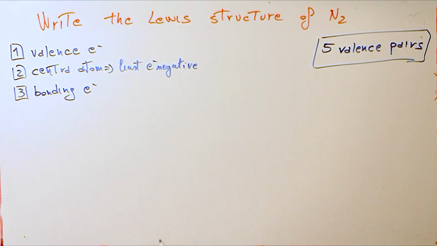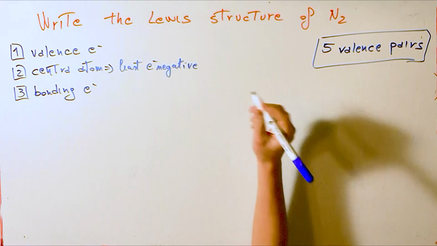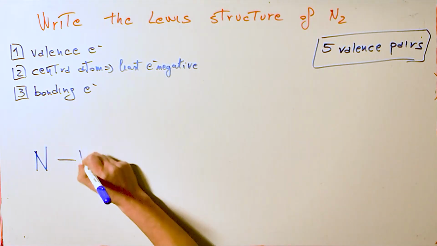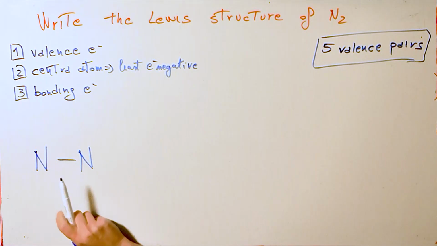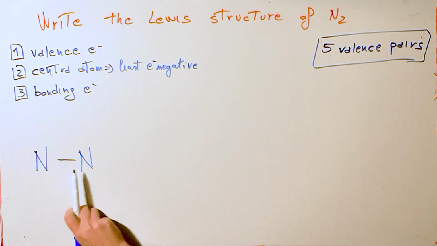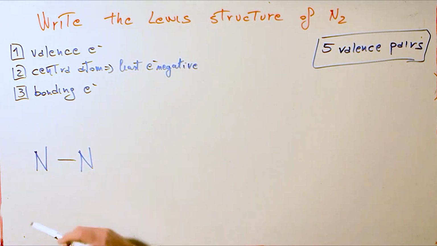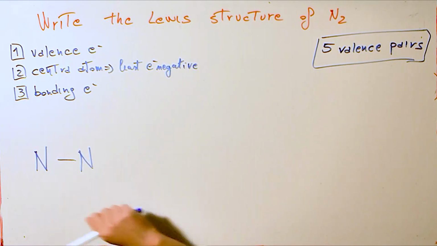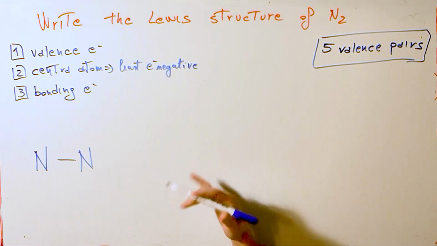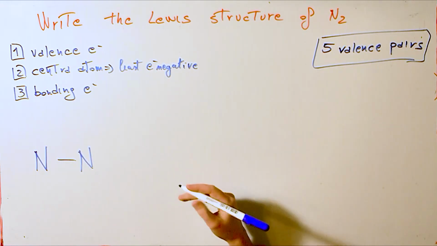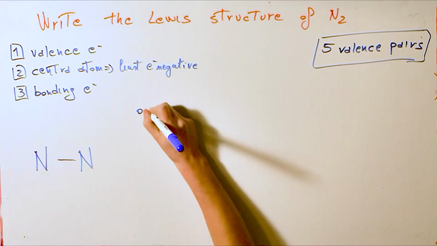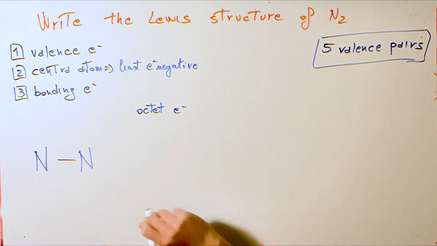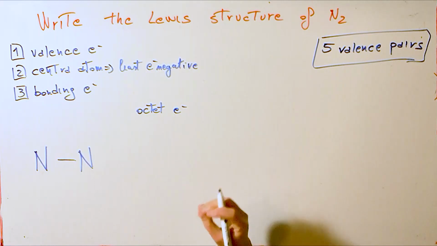So how many bonds we have in this molecule? We can already write that this molecule will be done by N, okay? Put already one bond, because at least with one bond these two atoms should be linked together. So we are sure of this. How we can calculate the bond electrons? To calculate the bond electrons, we have first to calculate the octet electrons. So what are octet electrons?